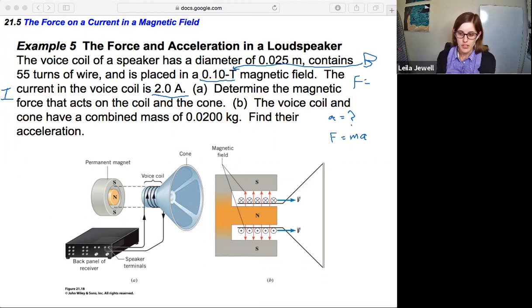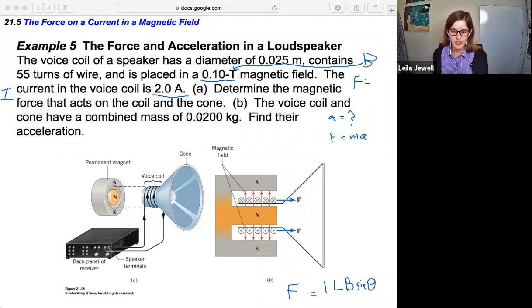What else do we need? Our force is equal to I L B times sine of theta. So as we think about that equation, we know the current, we know the magnetic field. What about the length and the angle?